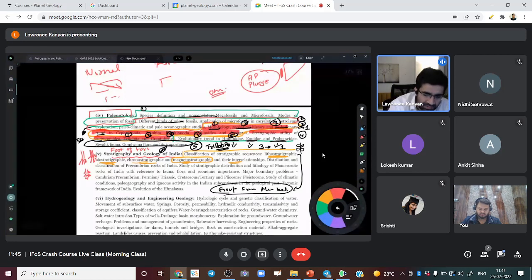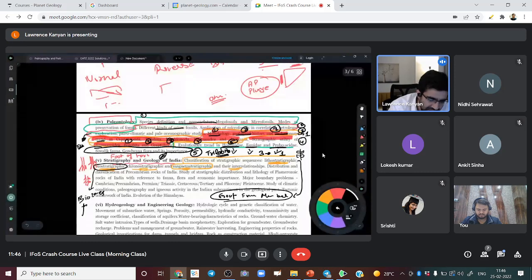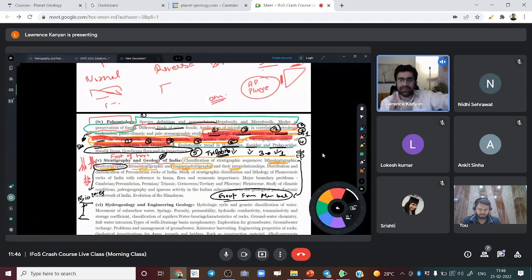Similarly, in biostratigraphy, if it is a long question, you can discuss different types of biozones. Where basically one organism, let's say, is present during this time, that becomes a range biozone. There could be an assemblage biozone where many different organisms lived at the same time, sort of like an overlap between them.